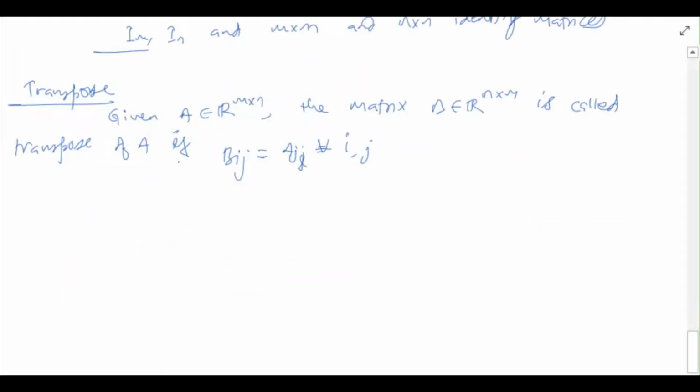We denote the transpose of A as A transpose. The superscript is the transpose symbol.